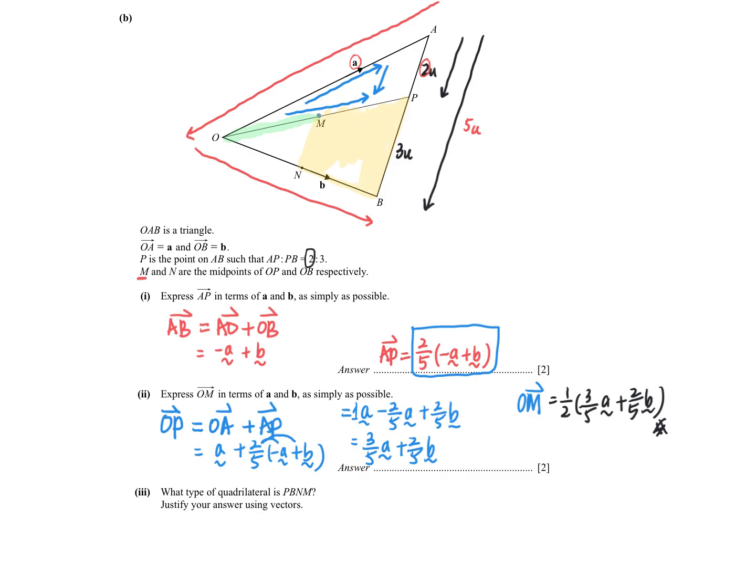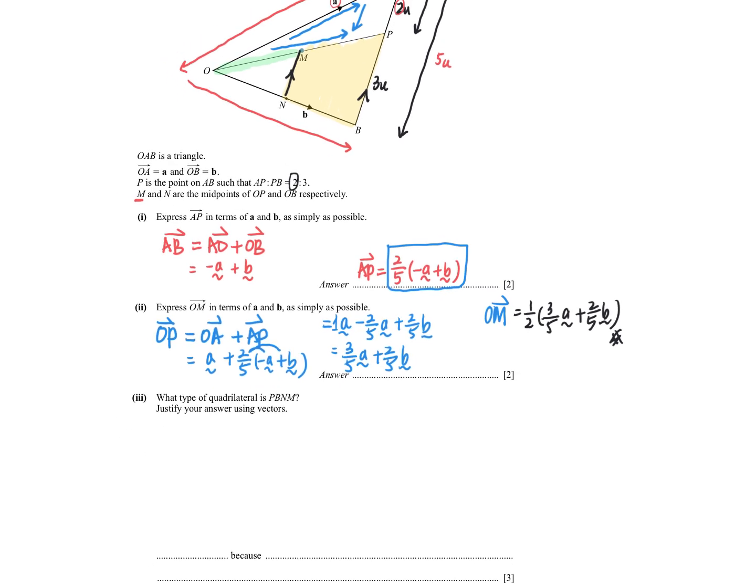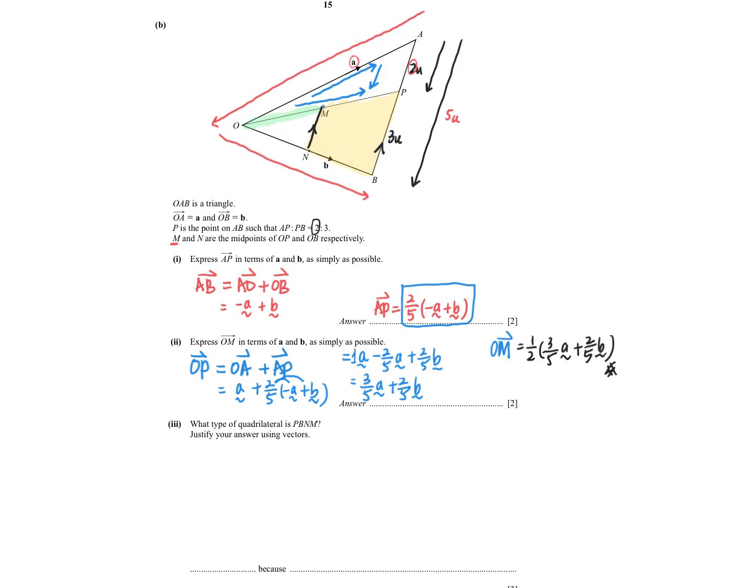So I want to know what type of quadrilateral this is. Your guess is it must be a trapezium. But in order to say that, you must prove to me that there is one pair of parallel lines. So you need to prove to me that these two must be parallel first. So how to prove that? First, I need to find what is MN.